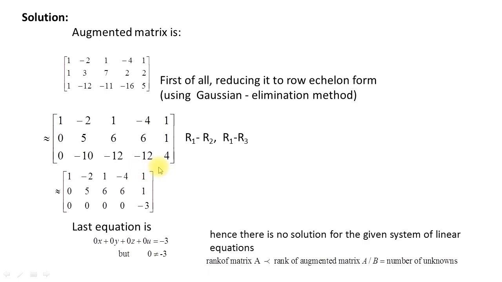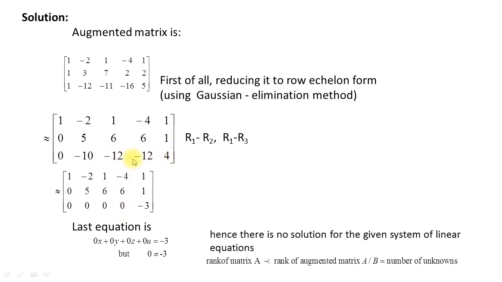Now another operation: multiplying the second row by 2 and adding the result to R3. 2 times R2 added to R3: 2 fives are 10, minus 10 plus 10 is 0; 2 sixes are 12, 12 minus 12 is 0; 2 sixes are 12, 12 minus 12 is 0.